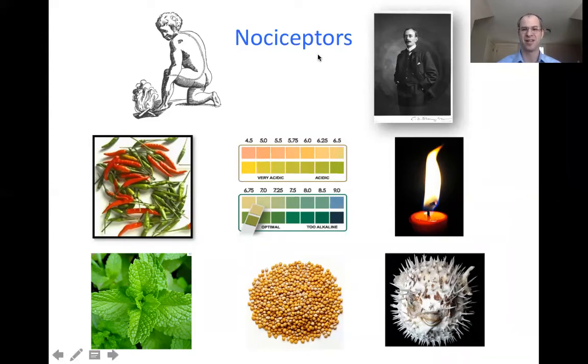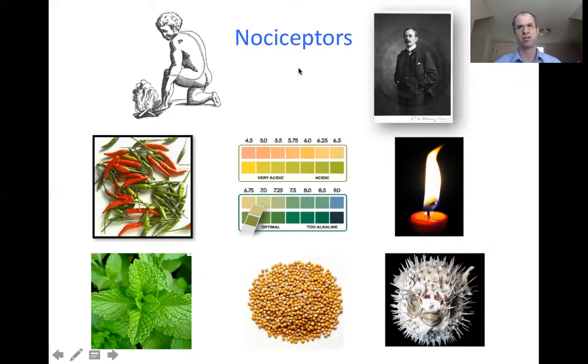This has evolved. In 1906, Charles Sherrington was the first to coin the term nociceptors. And within the past 20 or so years, there's been a rapid and expansive improvement of understanding of the molecules and receptors involved in pain.